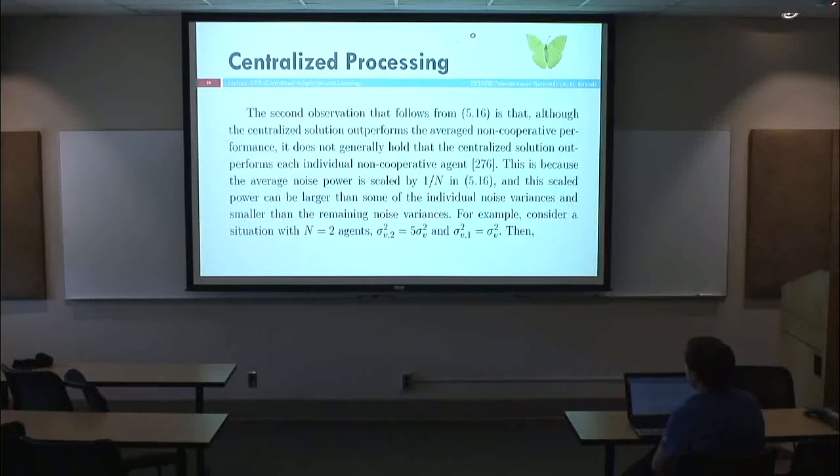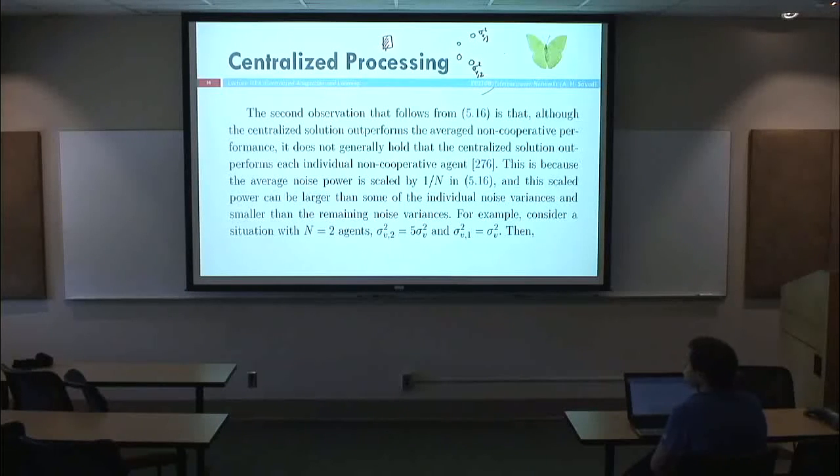Let's say I have 4 non-cooperative agents. Each one has its own noise, sigma v squared 1, sigma v squared 2, and so forth. And here I have the centralized solution. This will be the average solution improved by a factor of n.